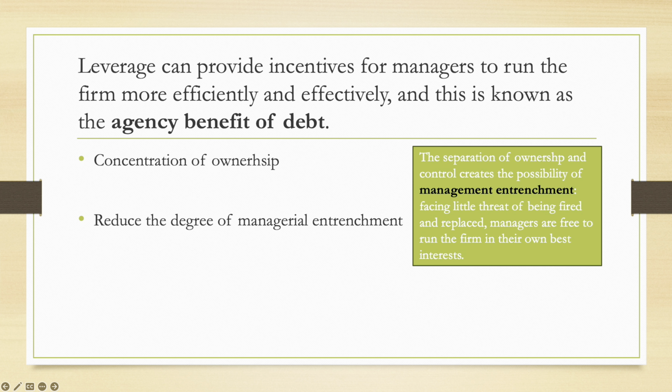So how can leverage reduce the degree of managerial entrenchment? Leverage can lead to financial distress, and managers are more likely to be fired when the firm faces financial distress. To avoid getting into this situation, managers may be more concerned about their performance and less likely to engage in wasteful investment.